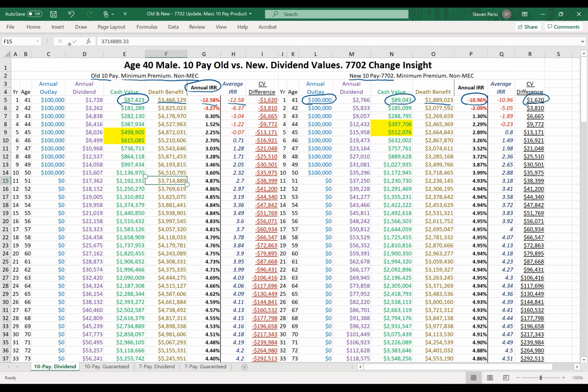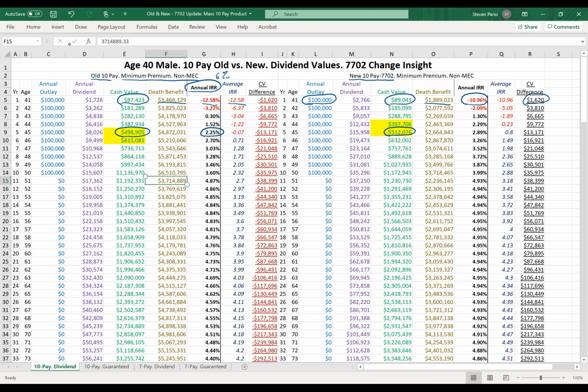As I look at it year over year, what do I notice? Break-even point, stronger. Year 5, I've got 512,000 compared to 498. It's becoming a gap here. If I look at the annual internal rate of return, which isolates what my cash value grew by that particular year, what do I see here? 2.25%. That's net. So I've got a dividend rate of 6% here.